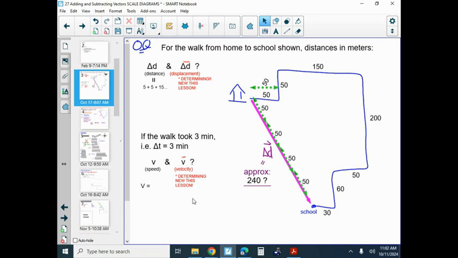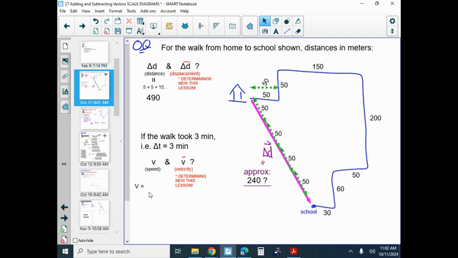The other thing we can do is add up the numbers. What was it? It was 50. We got 100 there, 150, 350, 400, 490, looks like it is. So that ends up being 490. And so obviously we can calculate some things, right? Our speed would be the distance over the time.